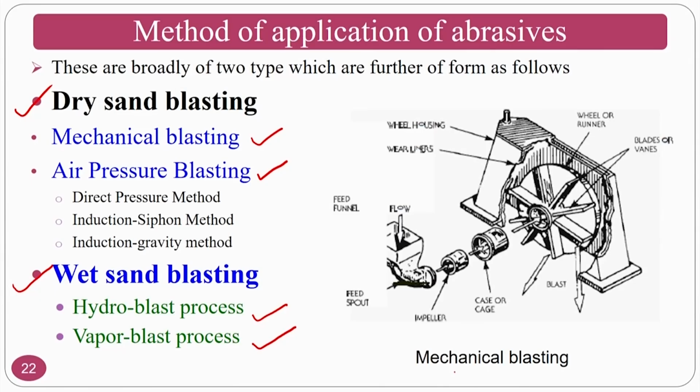If you see mechanical blasting, you have a feed where you flow the abrasive particles through impellers, and just blast on the surface and this surface will be cleaned. So you have compressed air as well as abrasive particles which you are blasting on the surface.